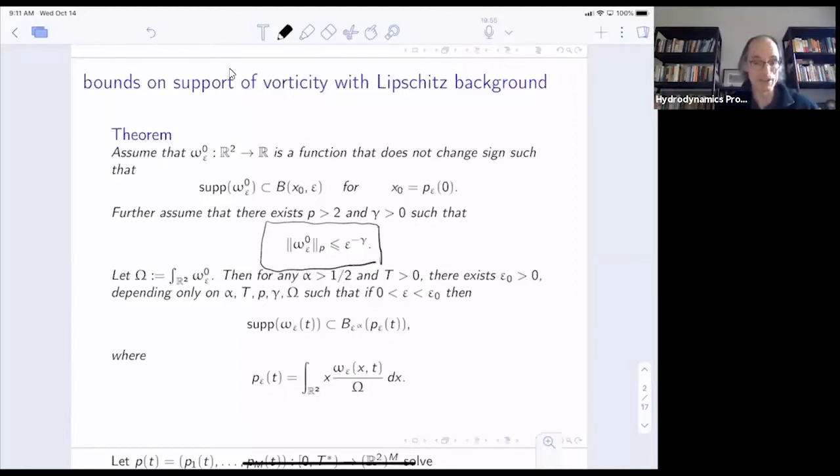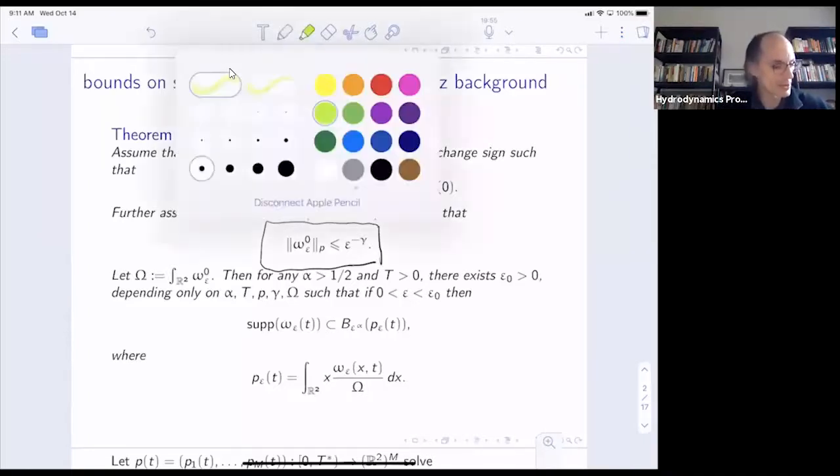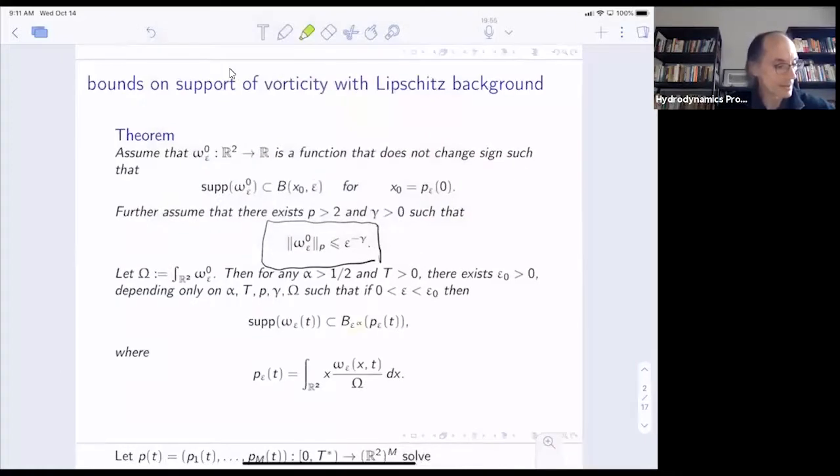This is a very forgiving assumption. Okay, and then the conclusion is that the vorticity remains concentrated again on a somewhat bigger scale, on this epsilon to the a scale around the center of vorticity. And so this is just the definition of center of vorticity down here.